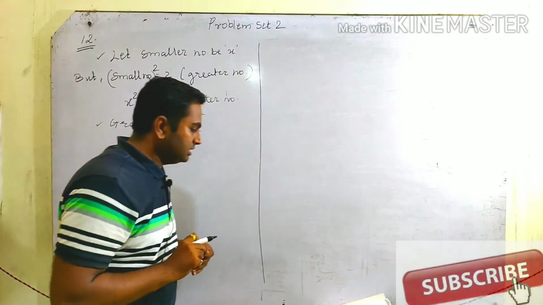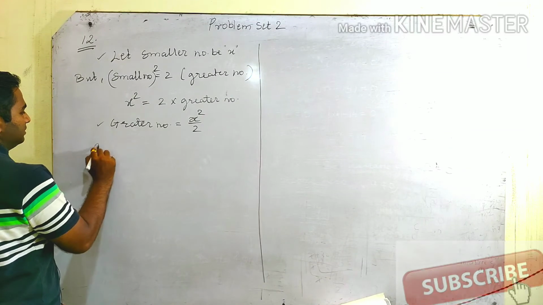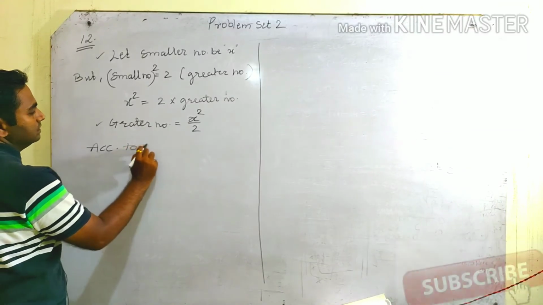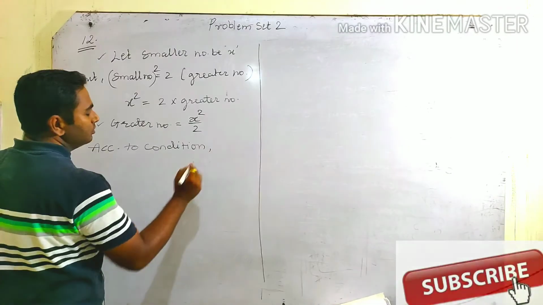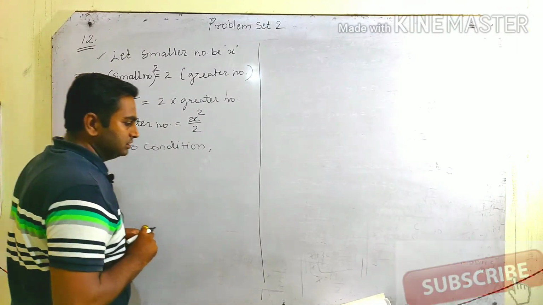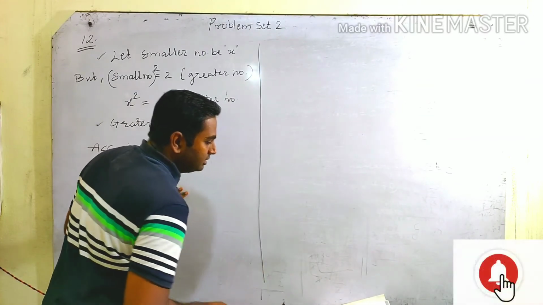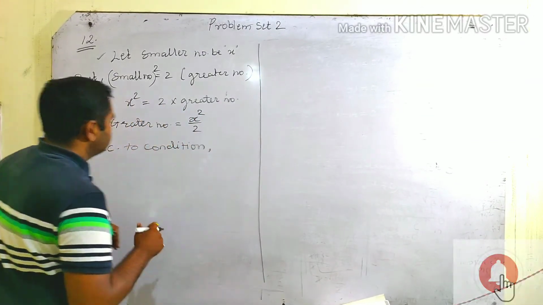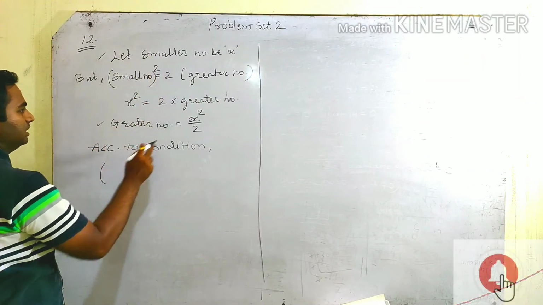Now what they said is that, according to the conditions, the difference between the squares of the two numbers is 120. So we know the smaller number and the greater number.